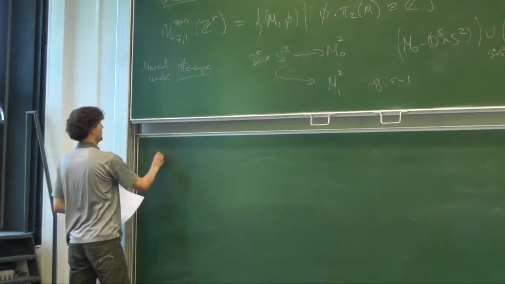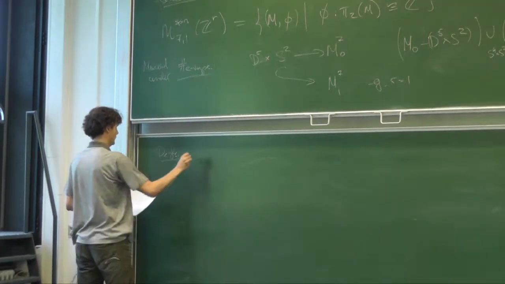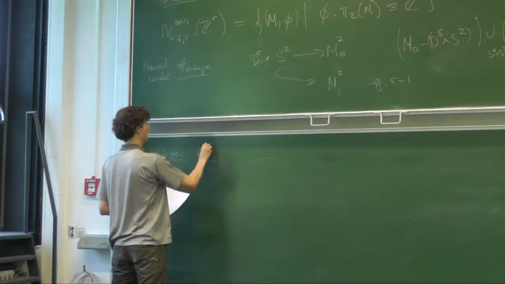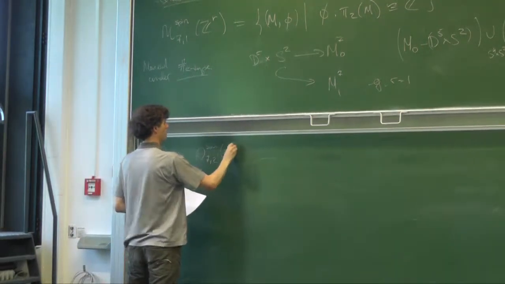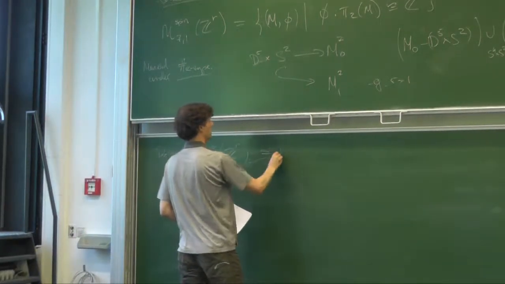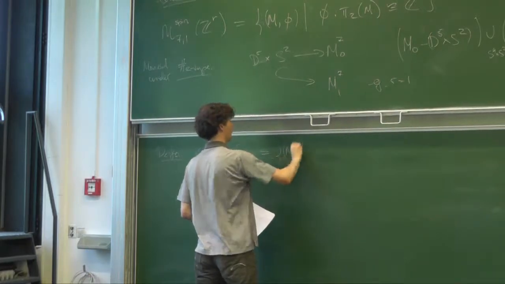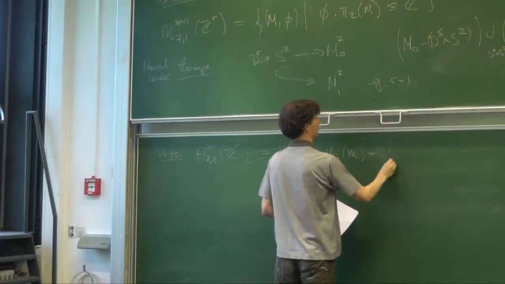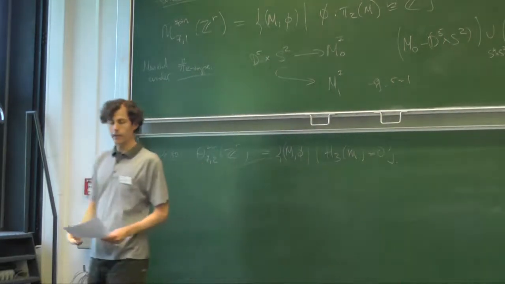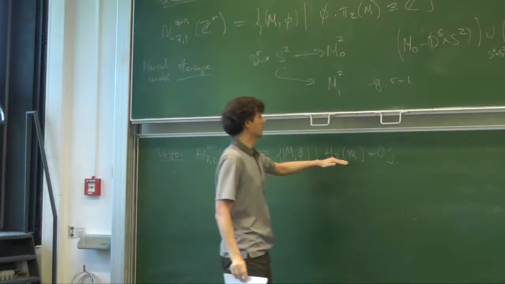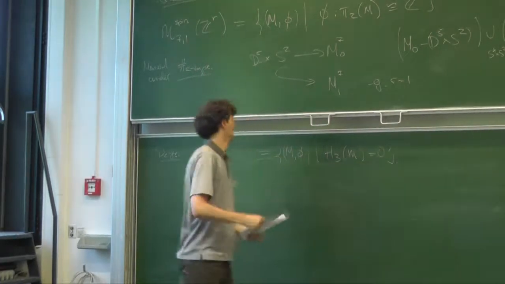So now we can make a definition. The notation is inspired by Kervaire and Milnor. We'll just take the group of units in this monoid, and that turns out to be exactly these guys where H^3(M) is 0. It's clear from Mayer-Vietoris that when you make this move, H^3 is additive. But if you set H^3 to be 0, that's good.